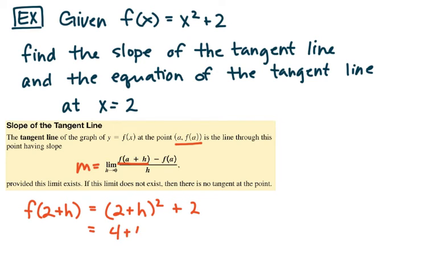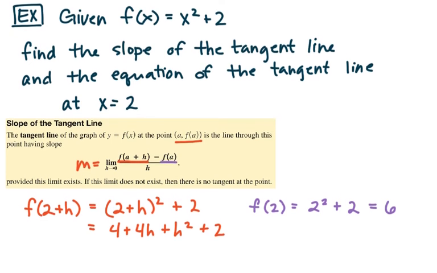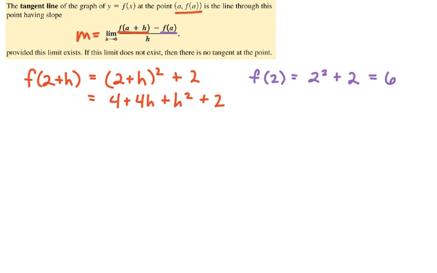That is 4 plus 4h plus h squared plus 2. And f of a, that's where I will plug my 2 value in, which gives me 2 squared plus 2. 2 squared is 4, plus 2 gives me 6. So now that we have those two pieces, let's plug them into my slope definition or my derivative.